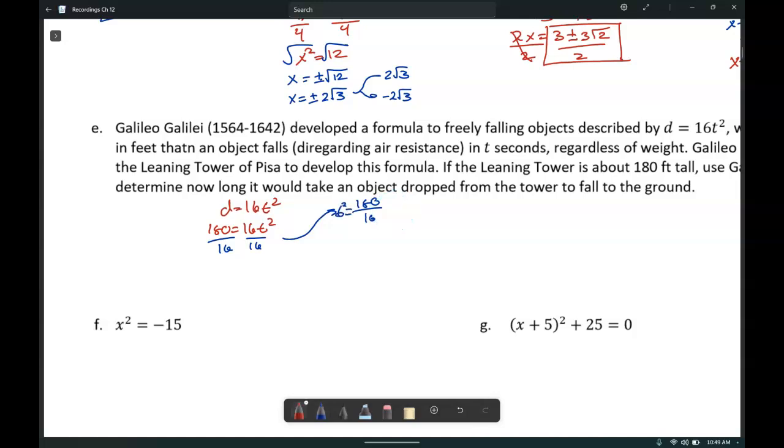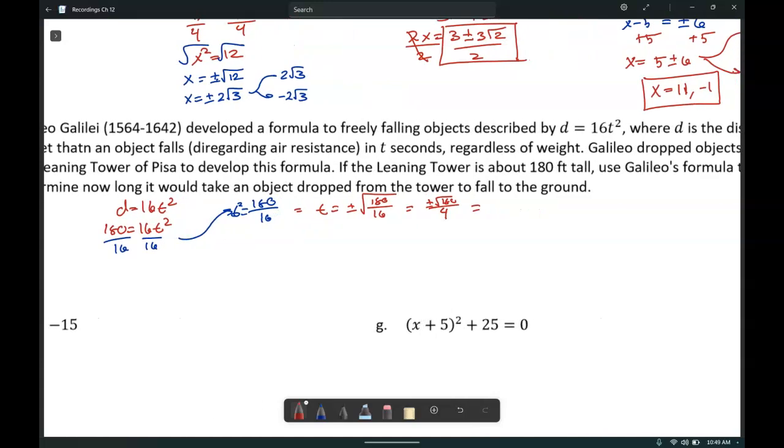If we want an exact answer, and we square root before we simplify, then we don't have to spend any time rationalizing because our denominator is already 16. And so we have positive and negative the square root of 180 over 4, and we can simplify the square root of 180. It has factors of 36 and 5, which gives us 6 square root of 5 over 4. And then we can reduce the fraction to 3 square root of 5 over 2.